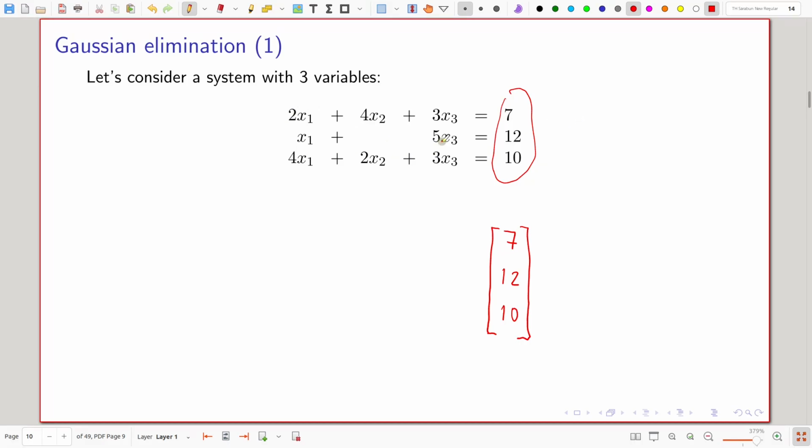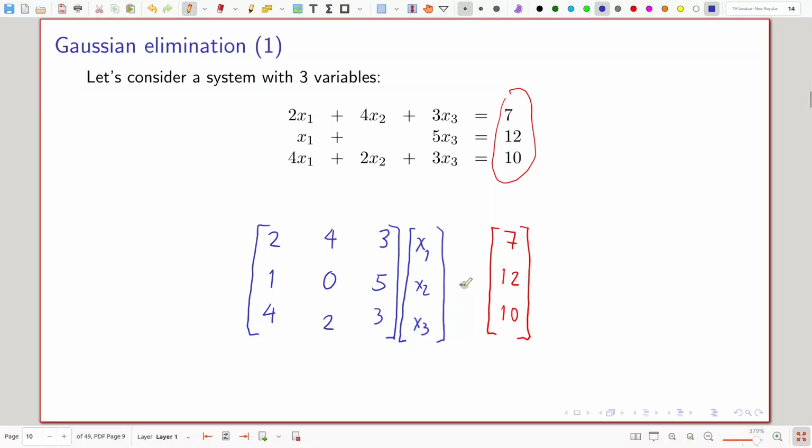Okay, here we just started by extracting all the coefficients of each variable. So we would have something like this, but this matrix alone only contains coefficients, right? We don't really have variables yet, so we need to add them here: x1, x2, x3.